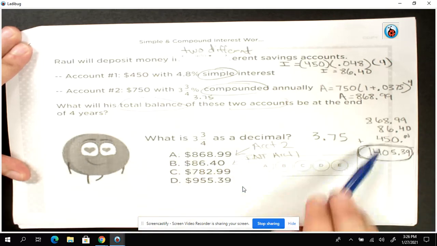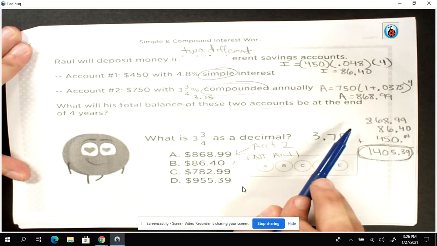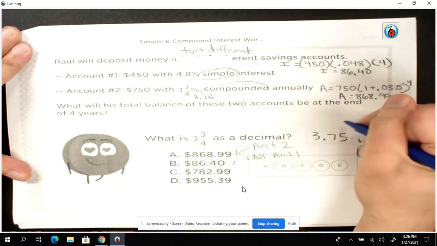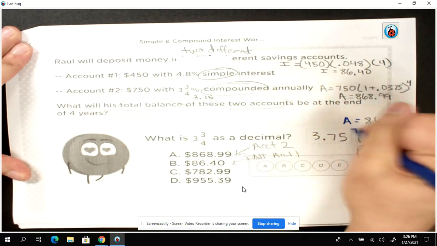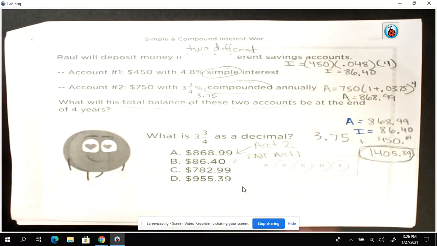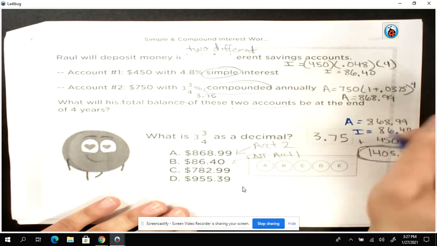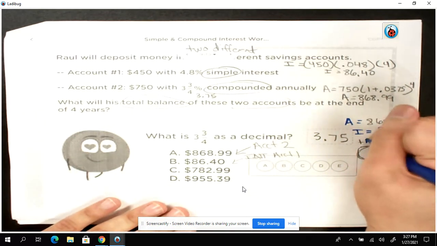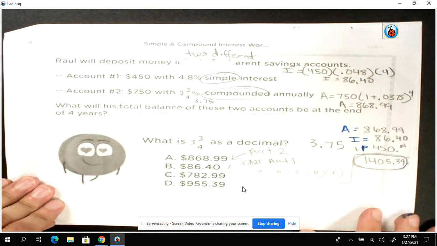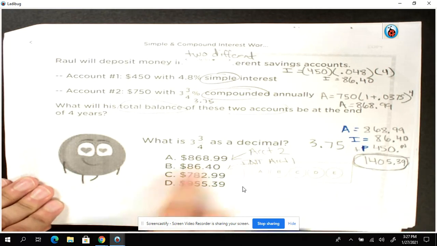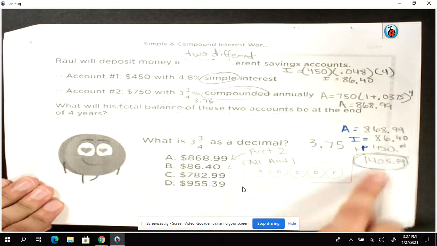Right over here, I wrote in the total of A, so this is A from the first account. The 8640 was the interest from the other account, because you have two different equations for two different scenarios. And then this is the principal from the first one. All right, so there's 9. It's wrong on here, but you should get 1405.39.